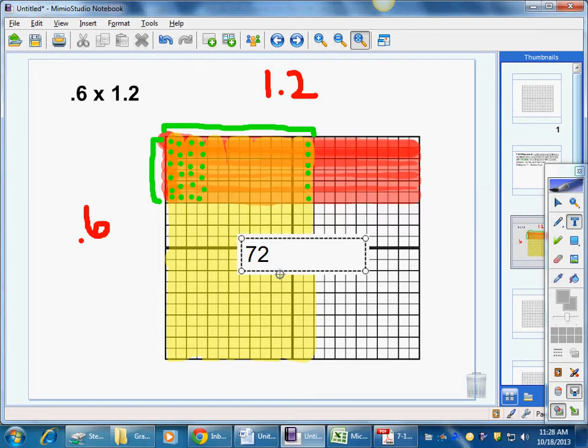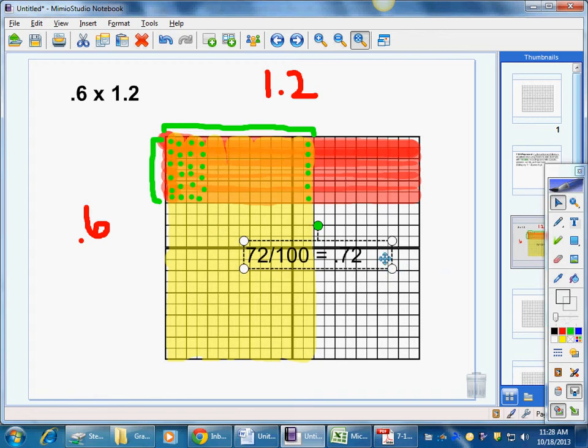So is that my answer? 72. Sounds good. But I've got to remember that my whole is actually broken up into 100 pieces. So when I think of 72 of those, it's really 72 hundredths of 1, which I could write as a decimal very easily, hopefully by now, into 0.72.